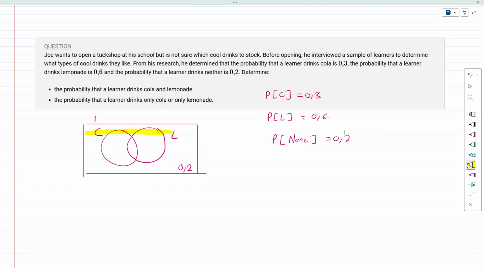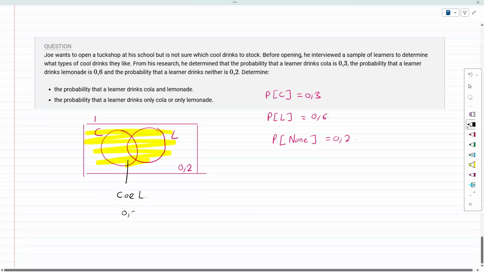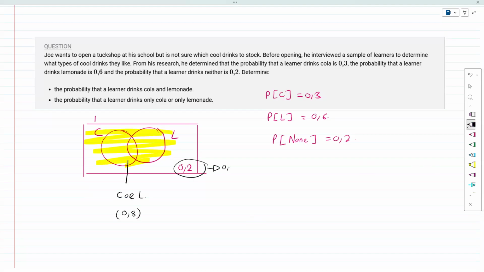So what that means is if nothing is 0.2, I know the or answer: cola or lemonade is 0.8. If people that don't drink both is 0.2, that means the or is 0.8. I know this entire circle is 0.3, and this entire circle is 0.6.